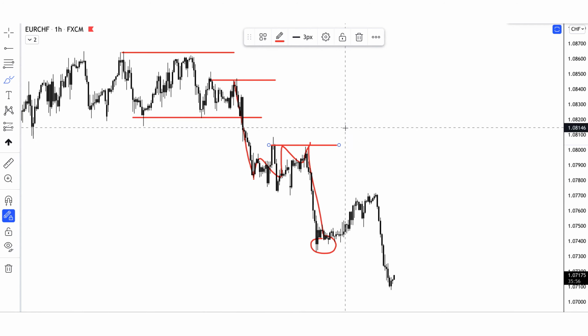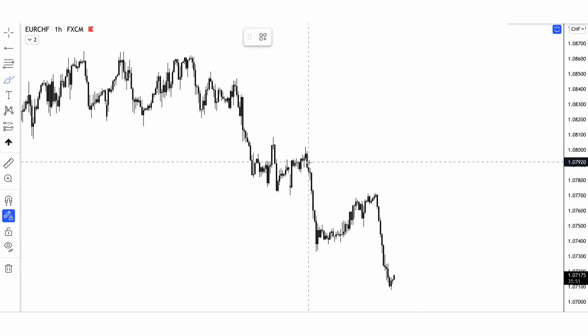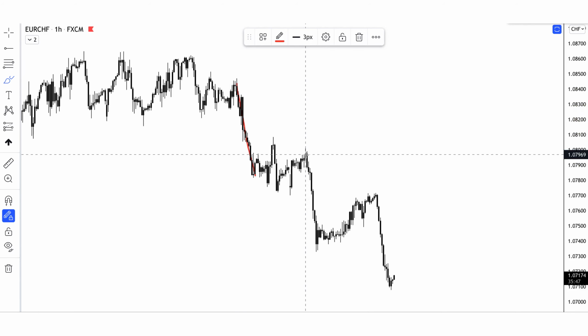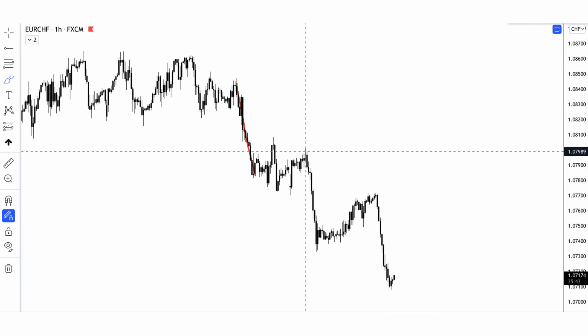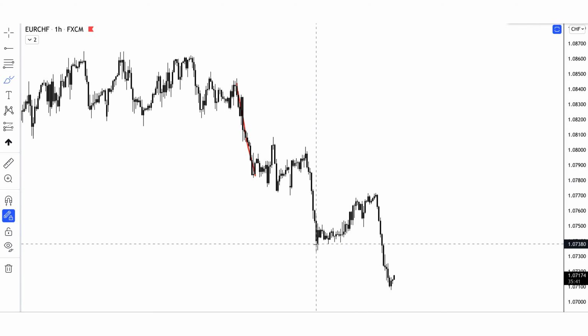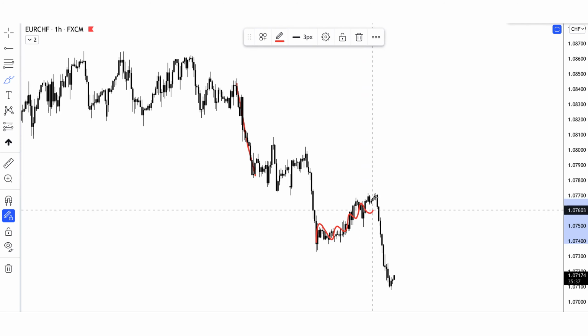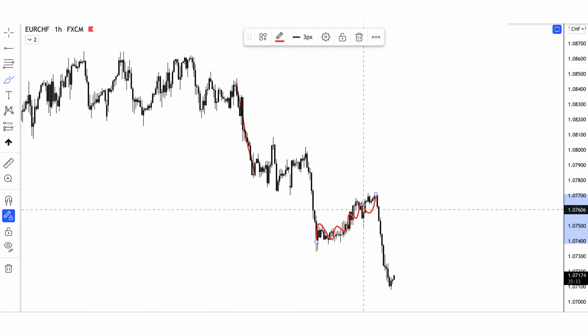Let's just clear this up so you guys can see how price is moving. This is very impulsive to the downside. This is very impulsive to the downside, right? So understand sellers are in control. Then we see price correcting back up slowly. So we have an impulse, then we have a correction.